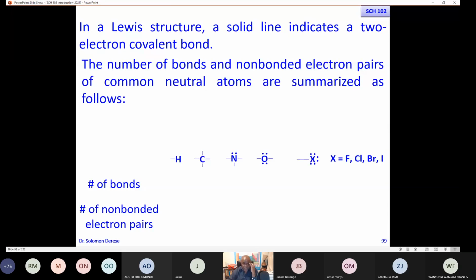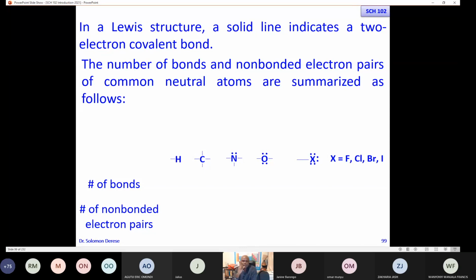Now, from what I have discussed with you, the number of covalent bonds a particular atom will form is dependent on the number of additional electrons it will require to have the electron configuration of the corresponding noble gas. For example, hydrogen forms one bond.